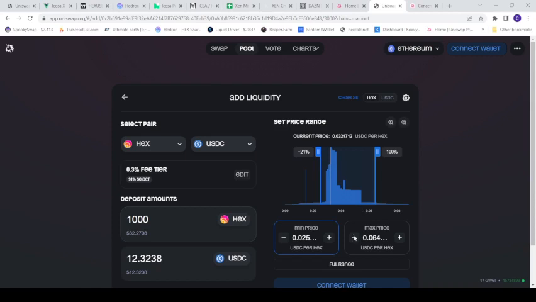Let's say you want to provide liquidity within a couple cents of the price. So you can bring this, let's go to like 4 cents, and let's go to 2.8 cents.